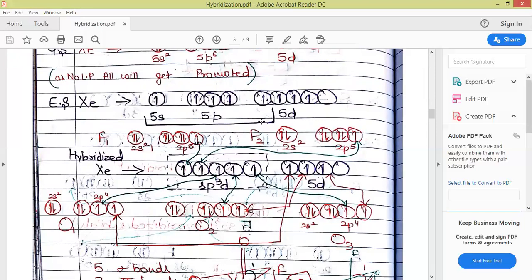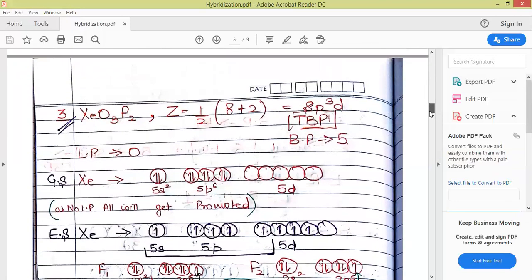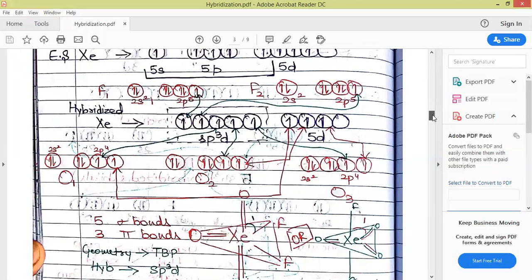These are the 5 orbitals, and these are the remaining d orbitals. 4 d orbitals are left here, which have 1 electron each, out of which 3 have 1 electron each. So these 5 sp3d hybridized orbitals will form sigma bonds with all the 5 atoms present, that is 3 oxygens and 2 fluorines.